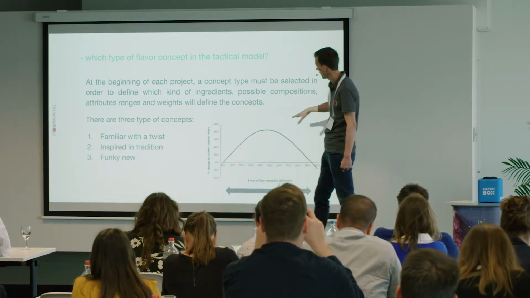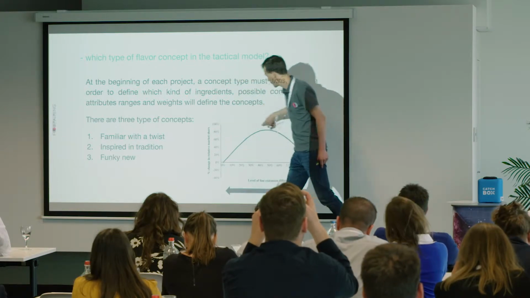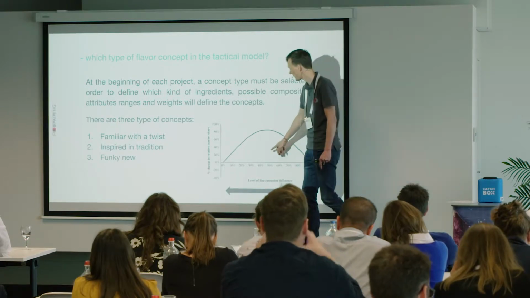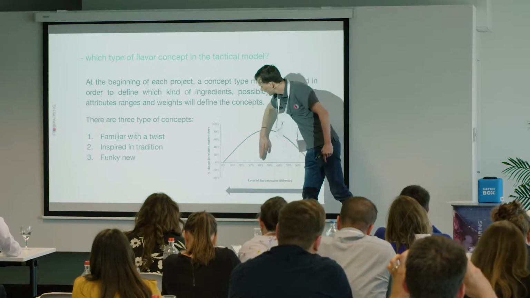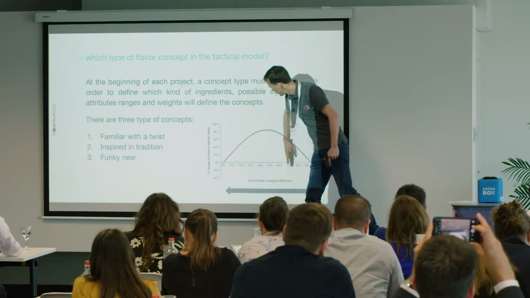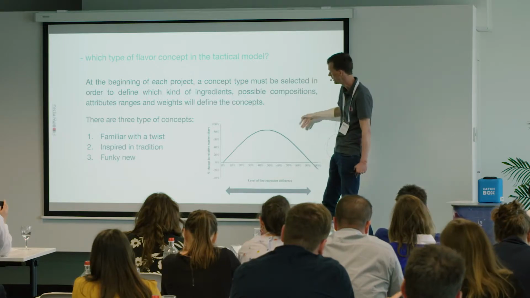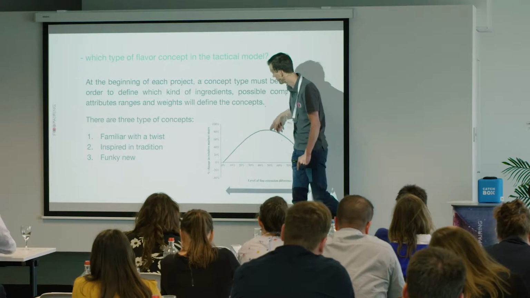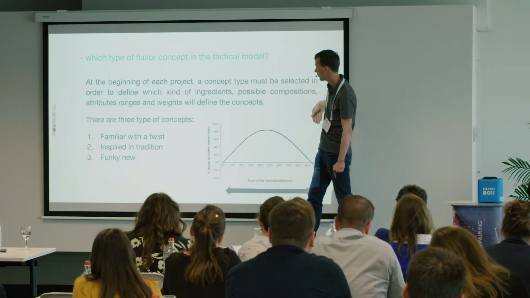For each brand, the optimal point of market share versus how novel you are is different. If you're more an innovative brand, the optimum will probably lie much further into how novel you have to be. In this case, it was 48%, but if it's higher, it will be more like funky new.